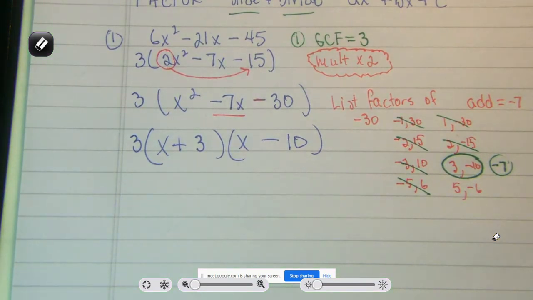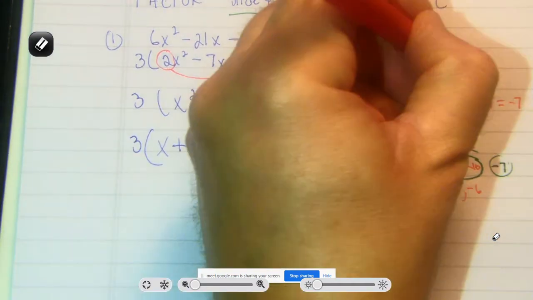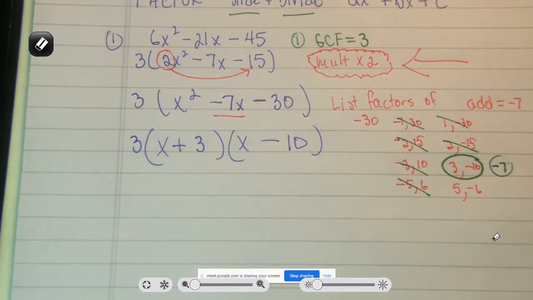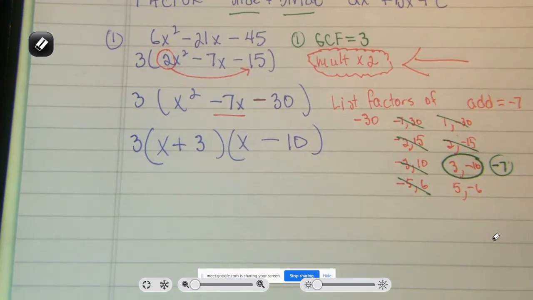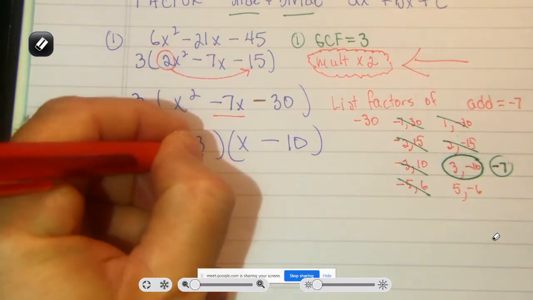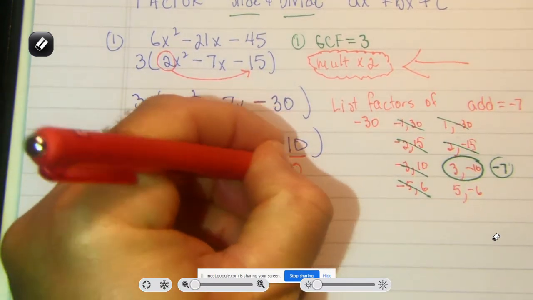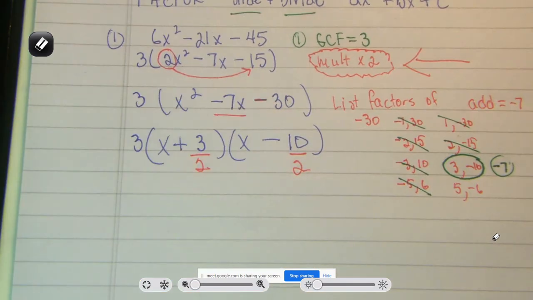That's not the factorization quite yet, because remember, I multiplied to get here by 2. So to fix that, I can't just multiply without putting that back. So in my answer, with whatever I multiplied by, I go back and divide each term by that. Almost there with my factorization, okay? It's almost done.